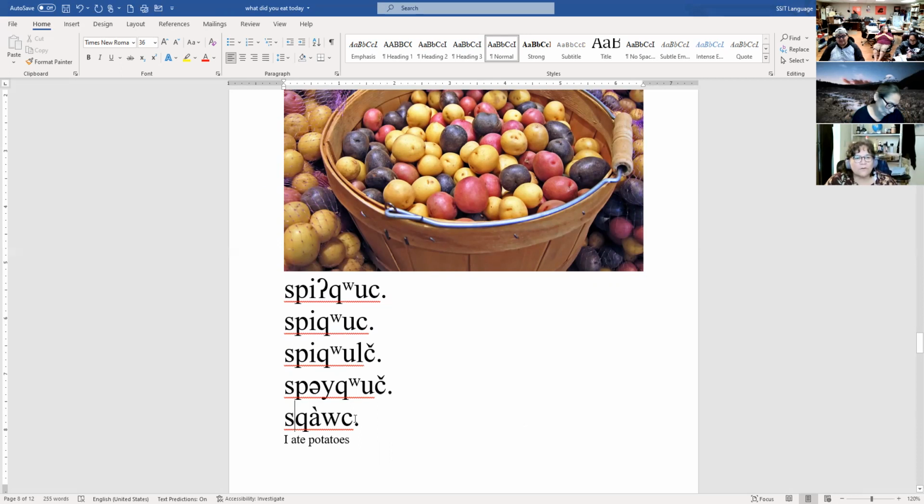So remember, the C is a TS sound. And then the W is like oh. And this one is the A in father. Scouts. And then the Q is said in the back.